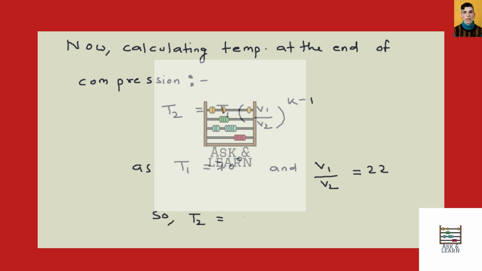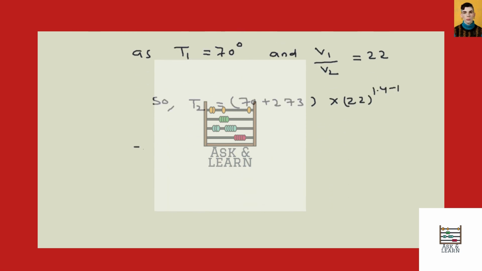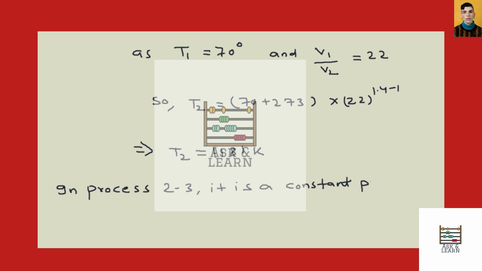So we can write T2 as (70 plus 273) into 22 to the power 1.4 minus 1. On calculating we get T2 as 1181 Kelvin.